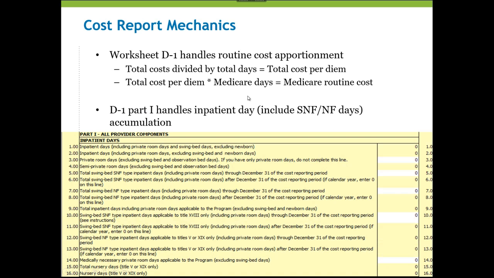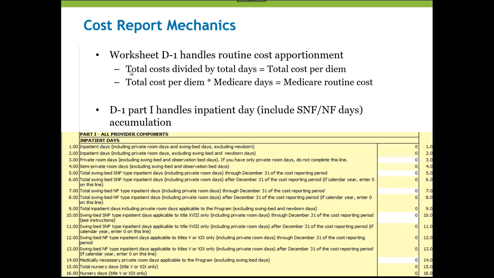So now let's walk through a little bit of the cost report mechanics behind this. On worksheet D-1, we're going to see the various routine cost apportionment calculations that are needed. By the way, in a couple screenshots from now, we're going to see that for routine costs, we actually have a variety of routine cost centers.